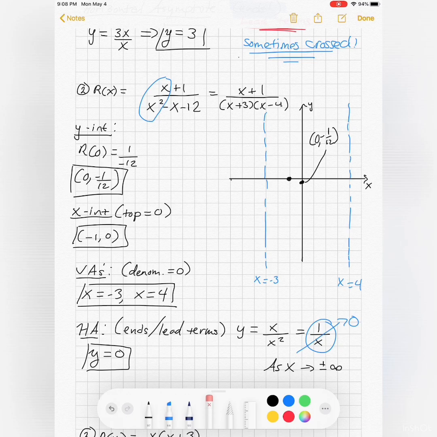So actually, anytime I have a higher power in the bottom, a higher degree in the bottom than I do in the top, I have degree 2 in the bottom, degree 1 in the top, I could tell you immediately my horizontal asymptote is going to be y equals 0. That's actually the simplest case because the bottom of the fraction is going to be a lot larger than the top.